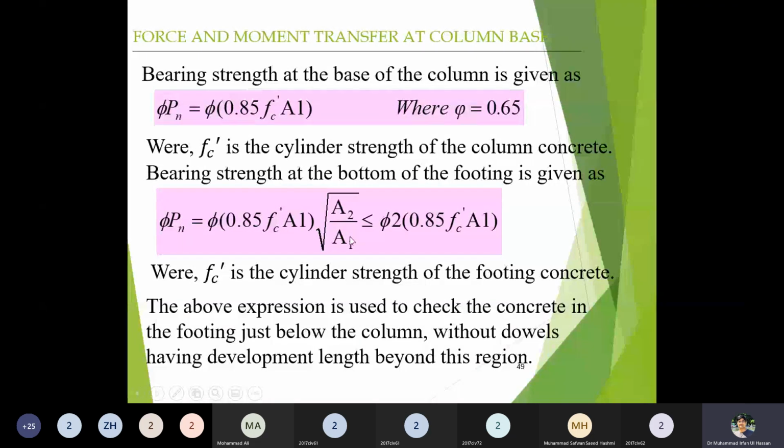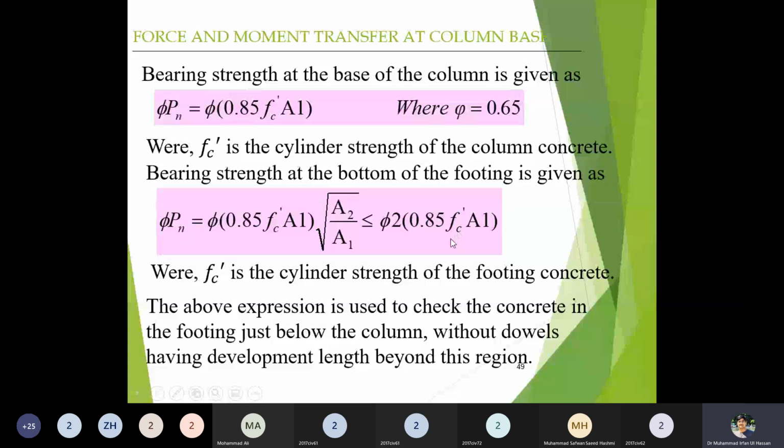And the square root of A2 by A1 should be less than, actually the maximum value allowed is 2. So it should be less than phi into 2 into 0.85 f'c A1. By this expression, we will be able to compute the bearing strength at the bottom of the footing.